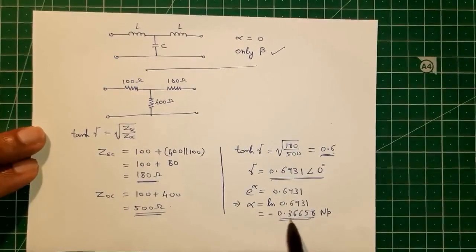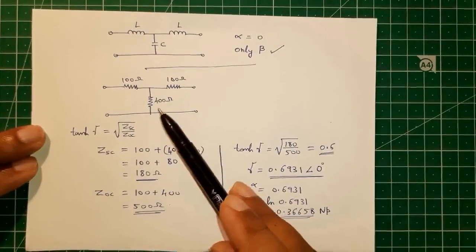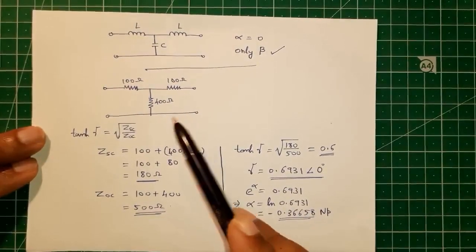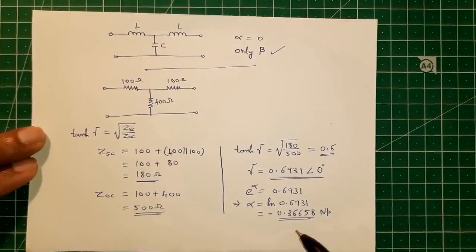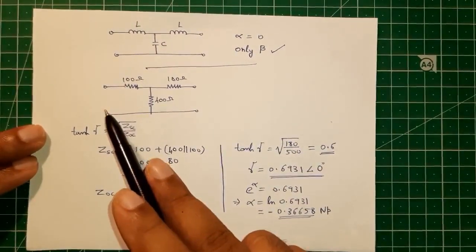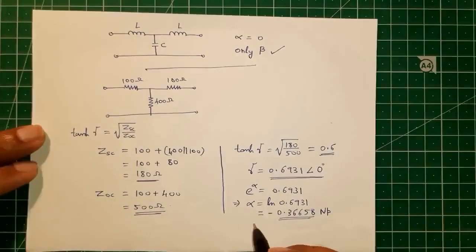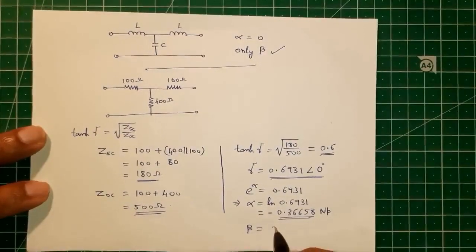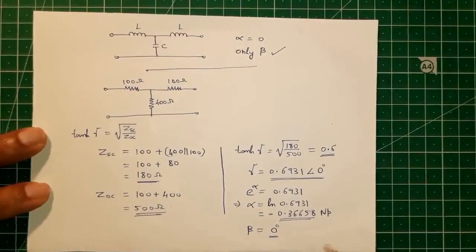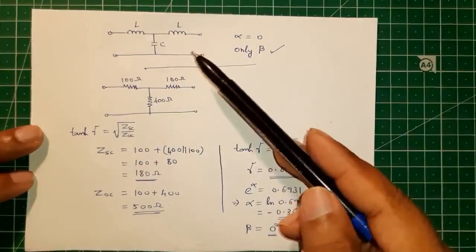The negative sign shows that the signal is losing its amplitude, or in other words it is the opposite of gain. That is, attenuation is happening when the signal is passing from the input end to the output end. And what about beta? Beta will be equal to 0 degree. So see the difference between these two cases.